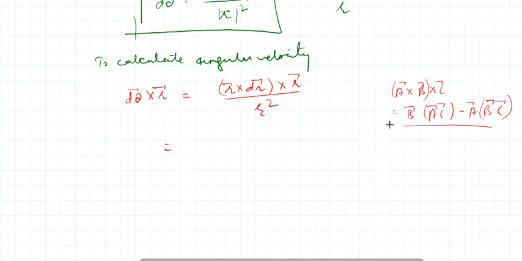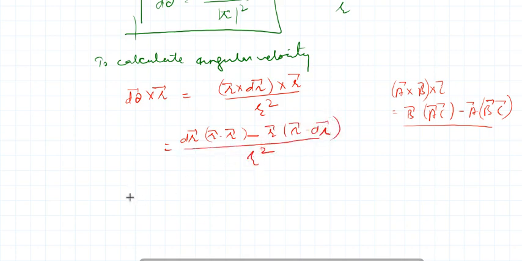So if I use this formula here, then I can write it as dr times r dot r minus r times r dot dr, whole divided by r square. So it can be written as r square dr minus r and dr.